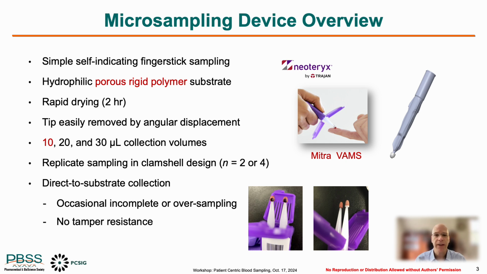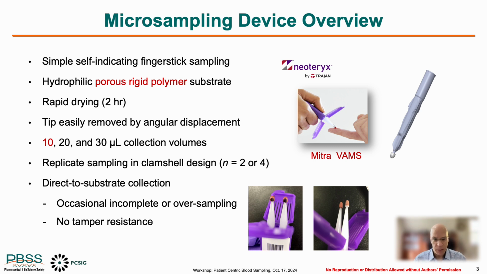Its substrate is based on a proprietary hydrophilic sintered thermoplastic porous rigid polymer that's anchored to a plastic handler, making it straightforward to orient the tip with the surface of finger stick blood. The sampling is relatively quick, around 6 seconds, self-indicating, and the collected blood is dried quite rapidly in around 2 hours at room temperature in the presence of desiccant.